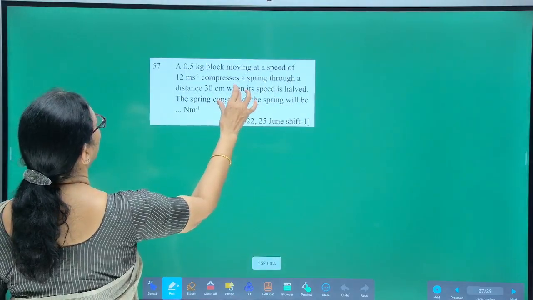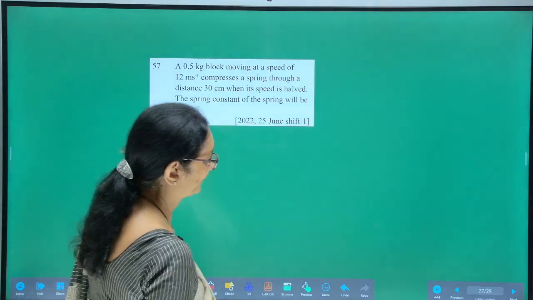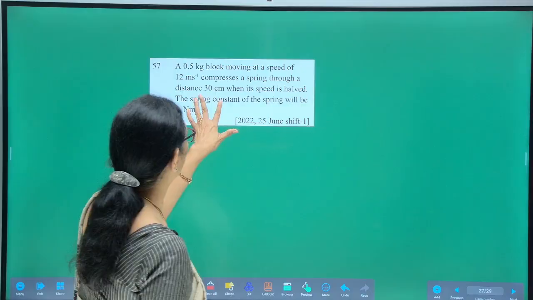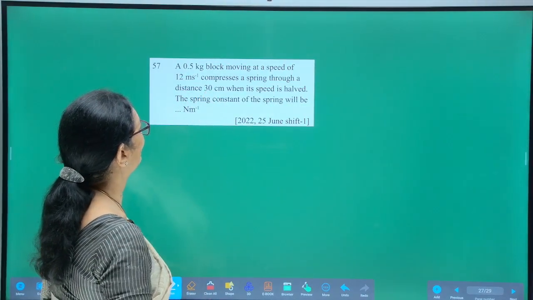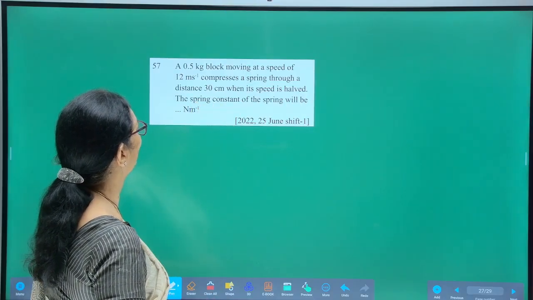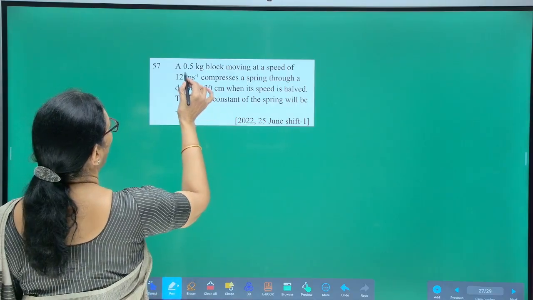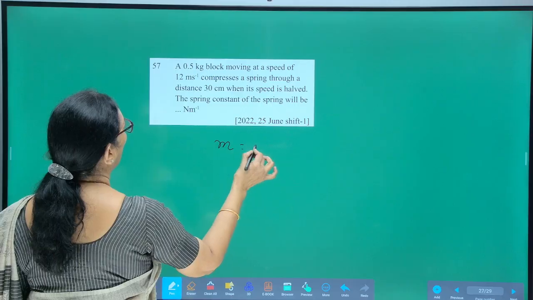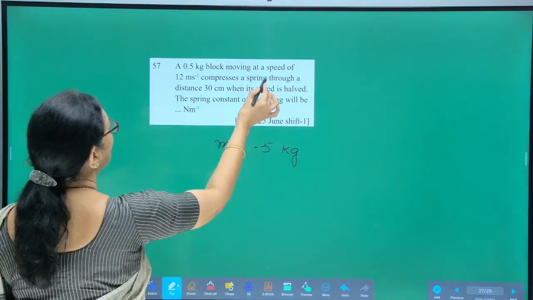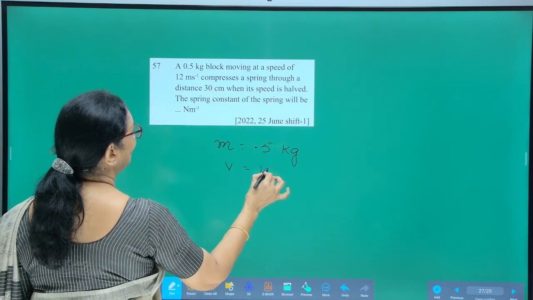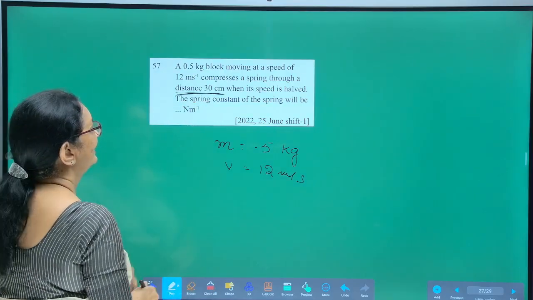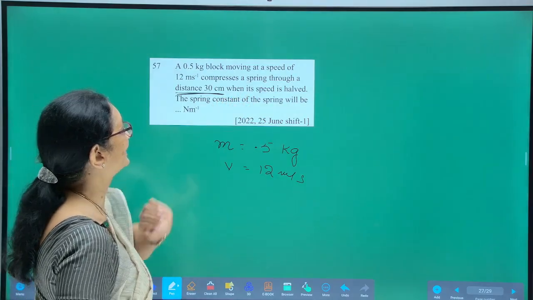Now look here. A block of mass 0.5 kg is moving with a speed of 12 meter per second and compresses a spring through a distance of 30 centimeters when its speed is halved.